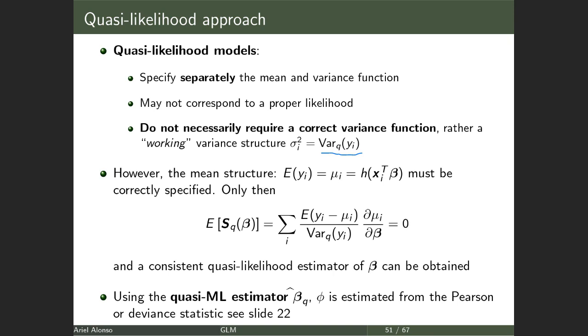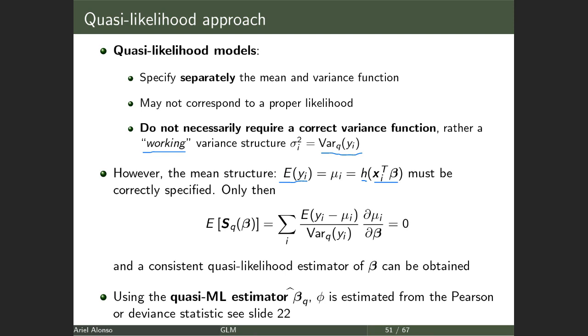It's okay. We call that a working variance function. What you need to get right is the mean. If you are sure that this is the correct response function and this is the correct linear predictor, you need to get that right. If you get everything wrong, you cannot make correct inferences. So this is already very general. You only need to get the mean right.